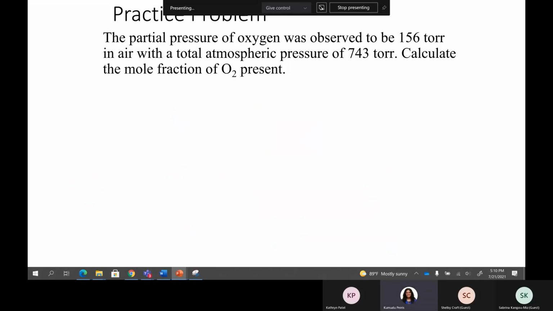Next one. The partial pressure of oxygen was observed to be 156 torr in air with a total pressure of 743 torr. Calculate the mole fraction of O2 present. When you study Dalton's partial pressure law, you will find this equation: the partial pressure of any individual component equals the total pressure times the mole fraction.